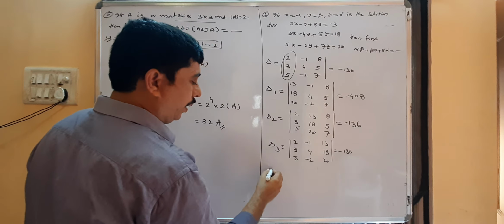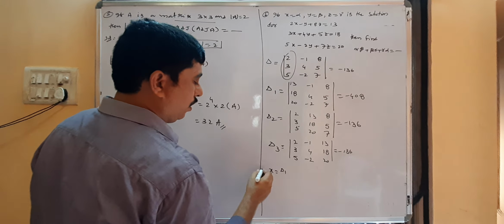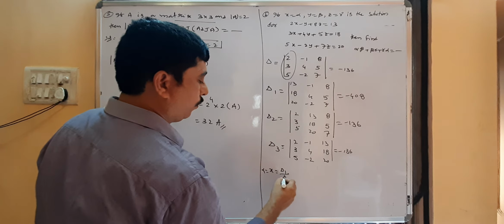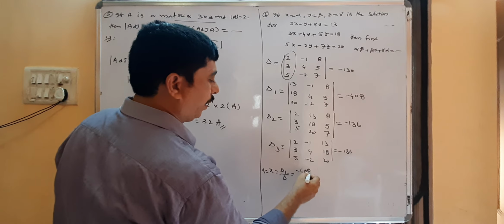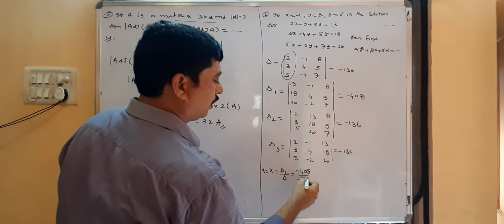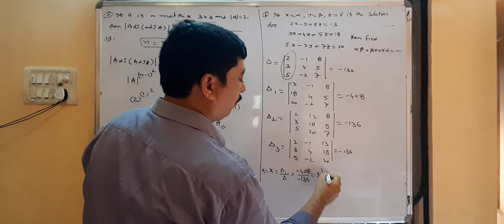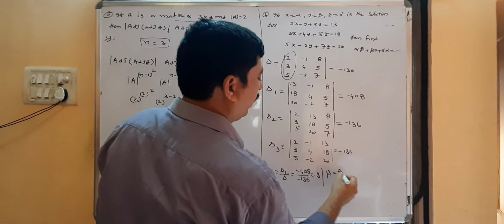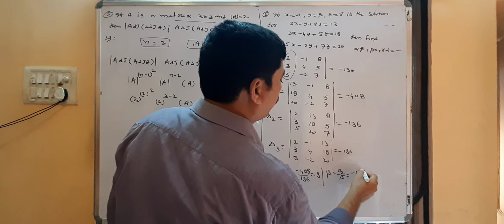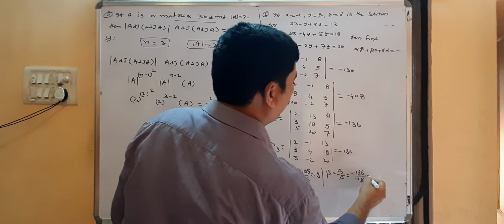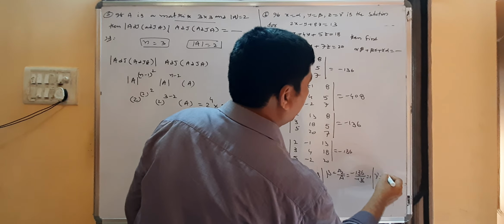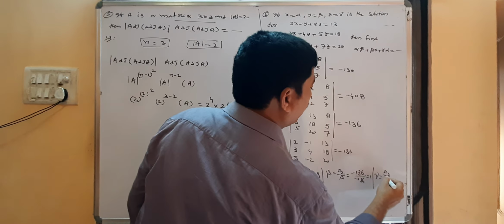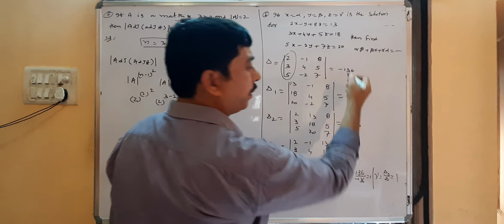So x value is delta 1 by delta. This is alpha, that is minus 408 by minus 136, that is 3. Beta value is delta 2 by delta, that is minus 136 by minus 136, that is 1. Gamma is delta 3 by delta, that is minus 136 by minus 136, that is 1.